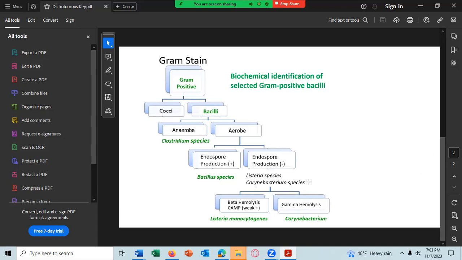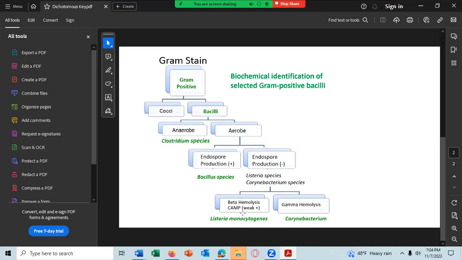And then we can separate the Listeria from the Corynebacterium by looking at hemolysis. Corynebacterium is gamma hemolysis, Listeria, especially Listeria monocytogenes, is beta hemolysis.